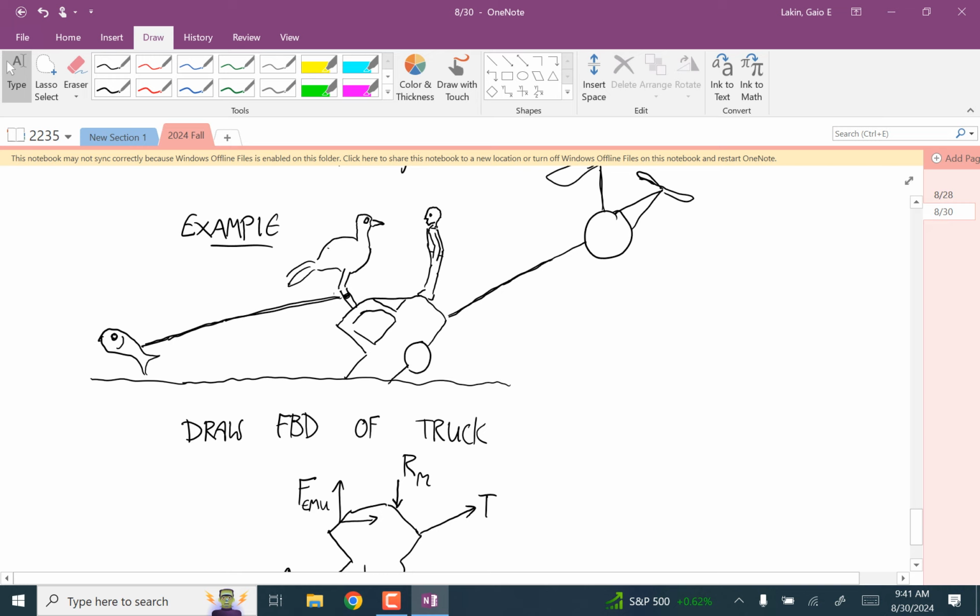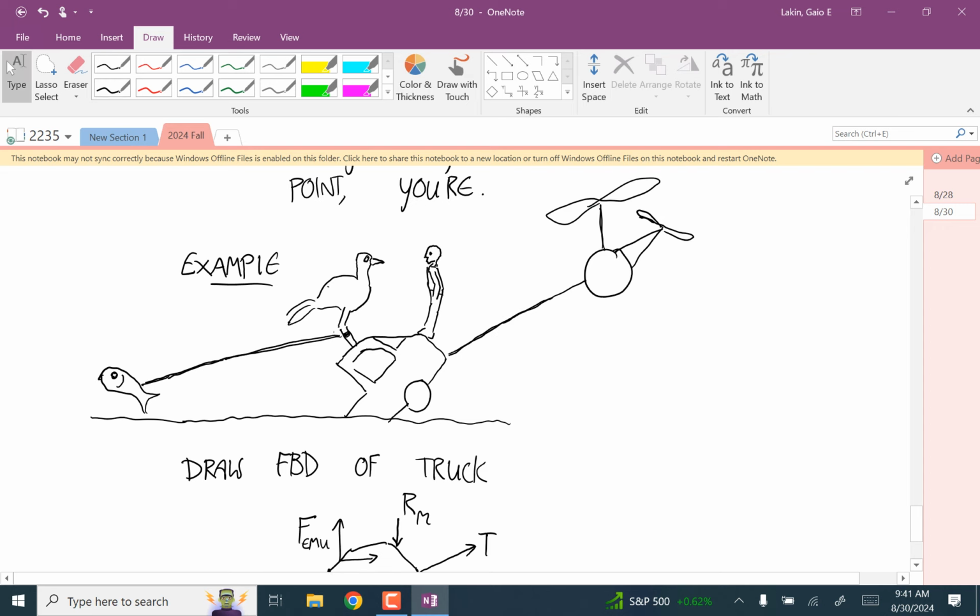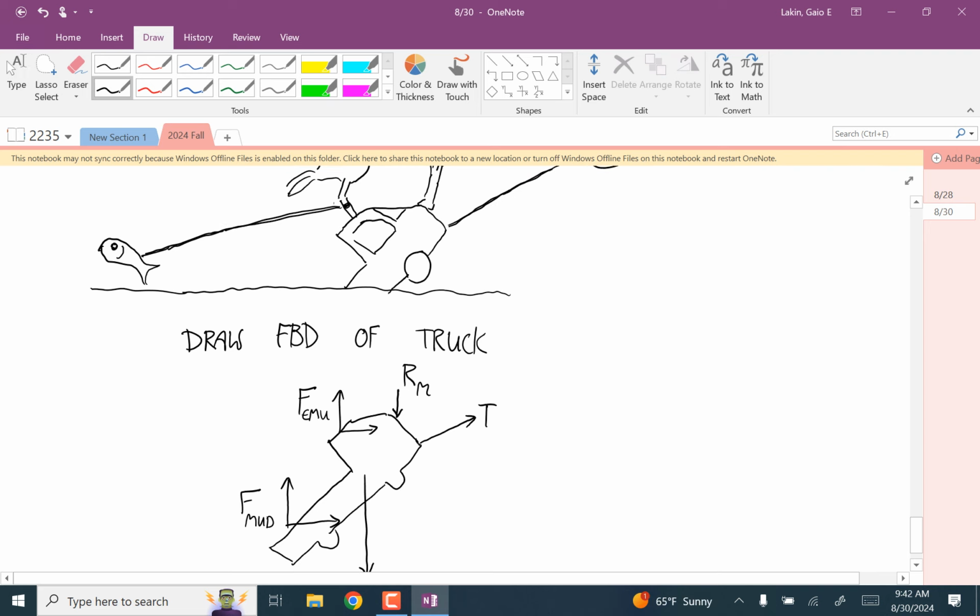There's a system. Just stick with the plan. There's a tendency to see it and freak out and not know what to do. But all you're doing is finding those contact points, and then following the rules that we'll be spending a lot of time on to determine whether we know the directions of those forces or not.